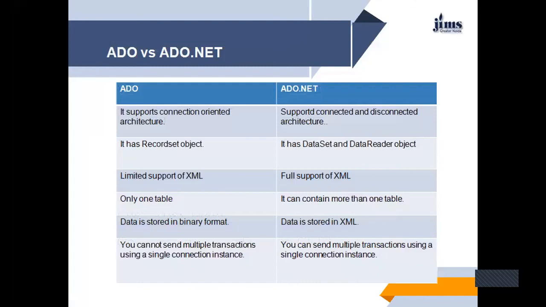In ADO.NET, it has the data set and data reader objects. In ADO, limited support of XML is provided. However, in ADO.NET, full support of XML is provided. In ADO, only one table will be there, and in ADO.NET, it can contain more than one table. Data is stored in binary format in ADO, and in ADO.NET, data is stored in XML format.